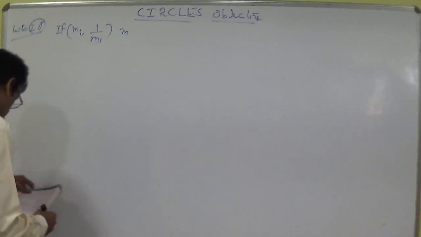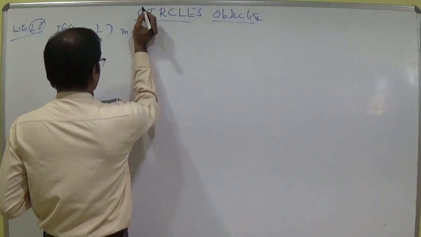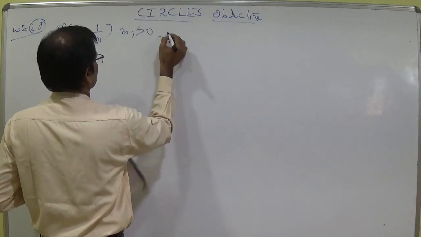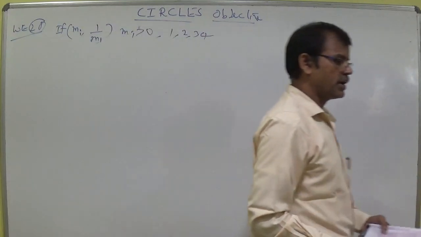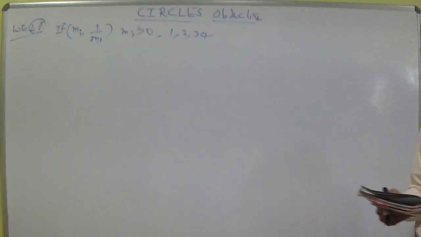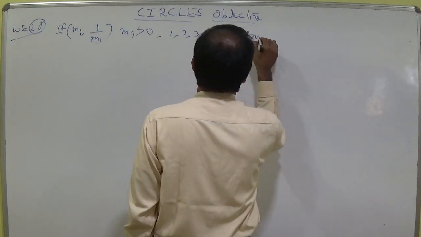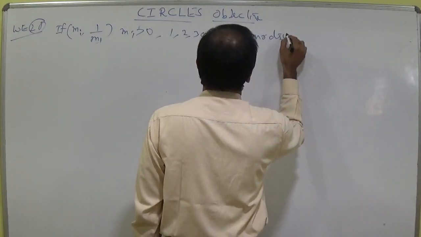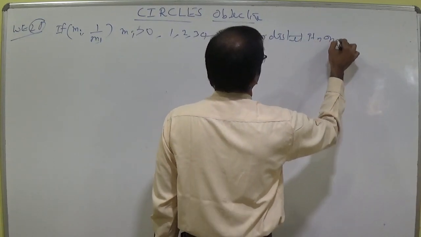If (m_i, 1/m_i), m_i greater than 0, is given, that is for i = 1, 2, 3, 4, then for 4 points, m_i given 1, 2, 3, 4 are 4 distinct points on the circle.